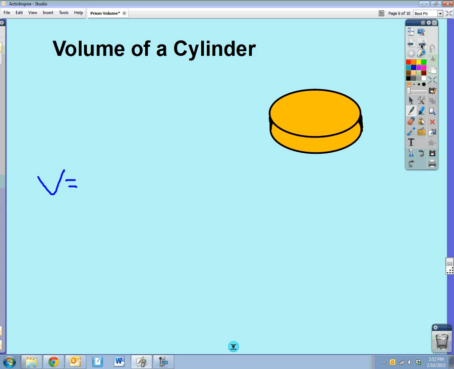Cylinders, last one here that we're going to look at. Cylinders, same idea, and this one isn't quite as pretty. It doesn't animate as well. But if we want to find the volume of the cylinder, we look at the circle, the basic shape, a circle. And I'm going to go ahead and use, I don't know, we'll go with 1. There we go. Kind of looks like a Pac-Man or a smiley face, but 1.